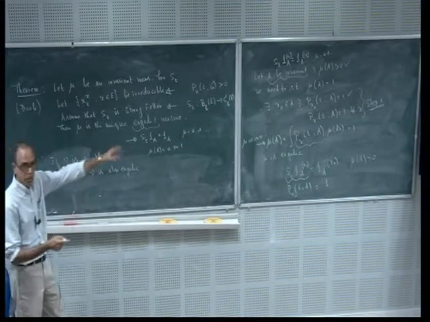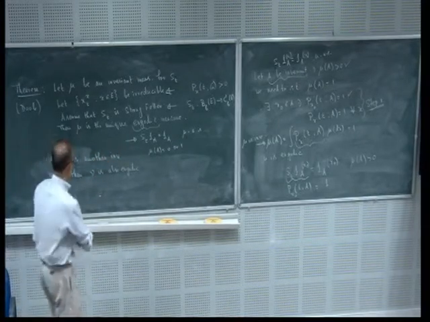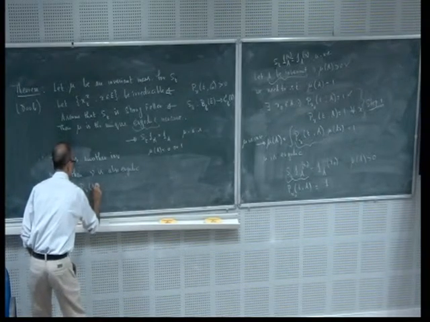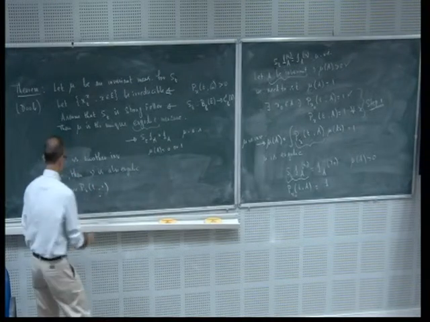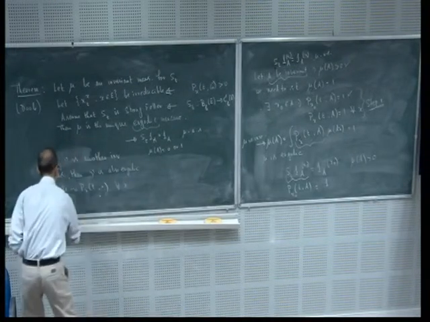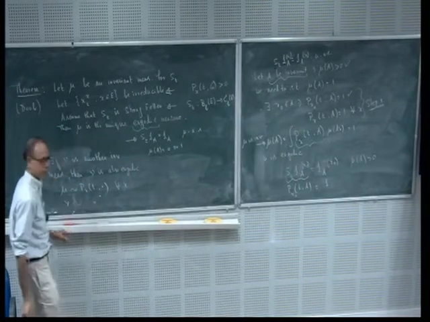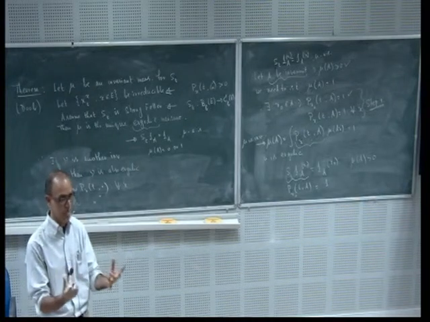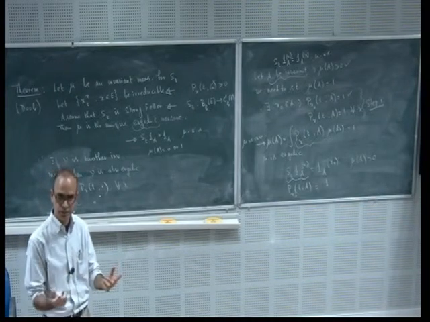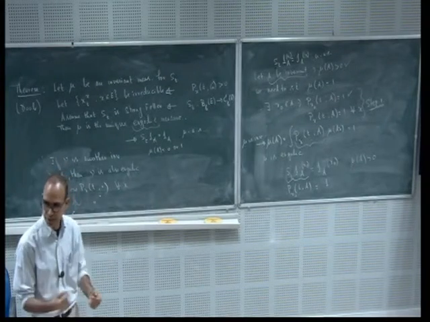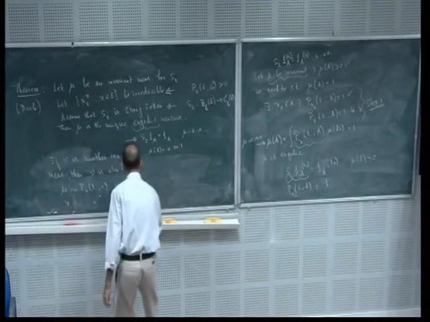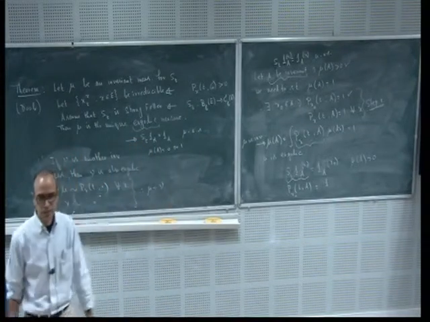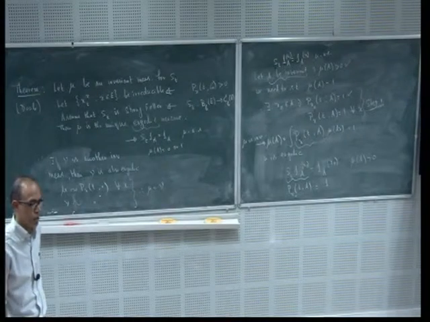Mu is equivalent to all these P_x of T_A. Mu is equivalent to P_x of t for all x. Nu is also equivalent to the same thing. Therefore, mu and nu are equivalent. But we proved that if mu and nu are two distinct ergodic measures, they have to be singular. That was proved in the last class, right? Therefore, mu is equal to nu.